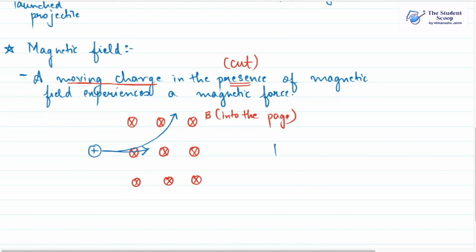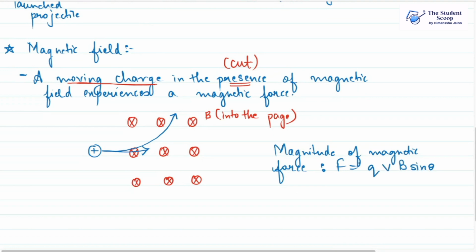Now, how to calculate the magnitude of this? The magnitude of this magnetic force is calculated by the formula F is equal to Q into V into B sine theta. Please understand this is applicable only for a moving charge case.